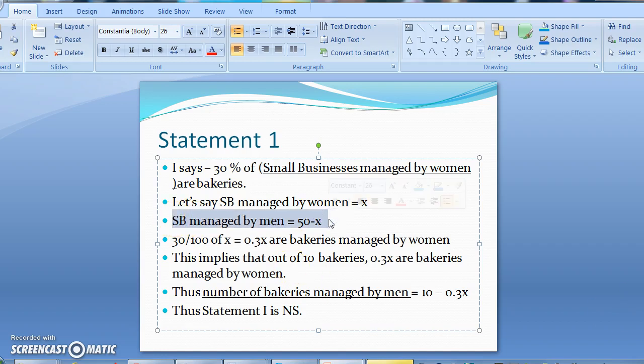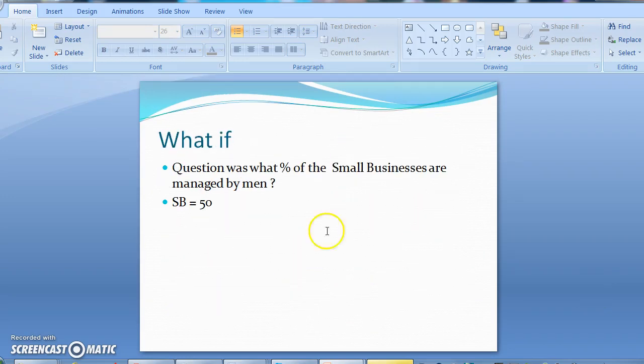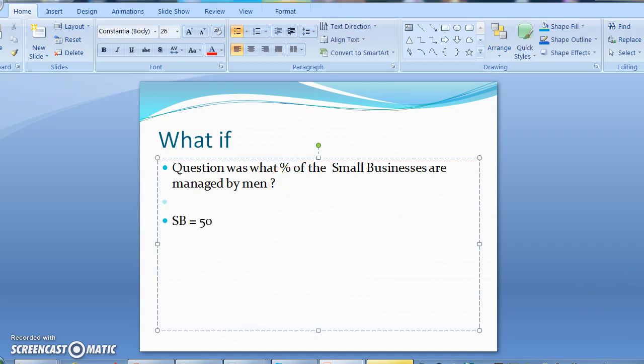This is your derived question, right? Because we don't know X, statement 1 is not sufficient. The derived question is the number of small businesses run by men, and statement 1 is insufficient, as we do not know the number of small businesses which are run by men.